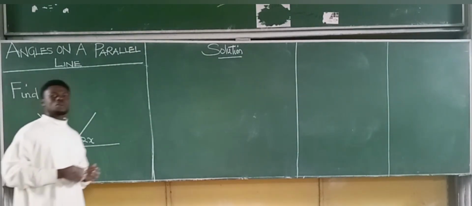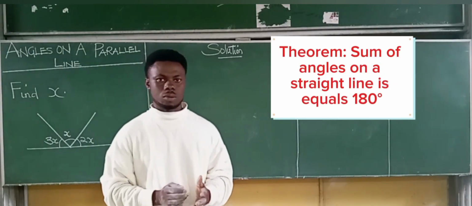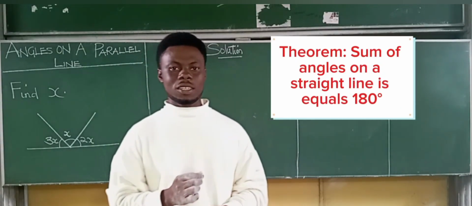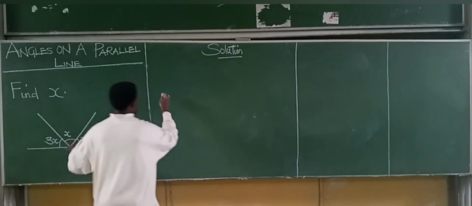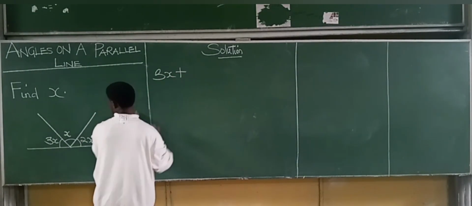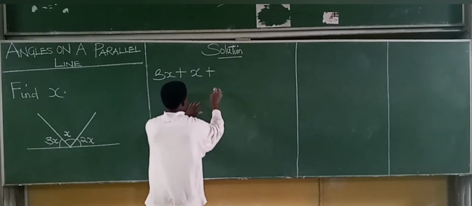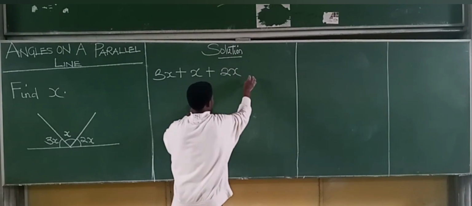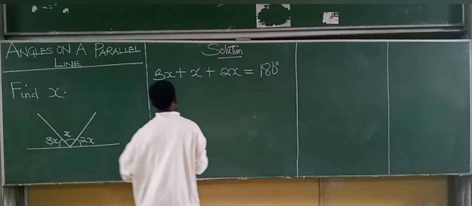Therefore, the condition for angles on a straight line states that the sum of all the angles on a straight line is equal to 180 degrees. Therefore, we have 3x plus x plus 2x equals 180 degrees.